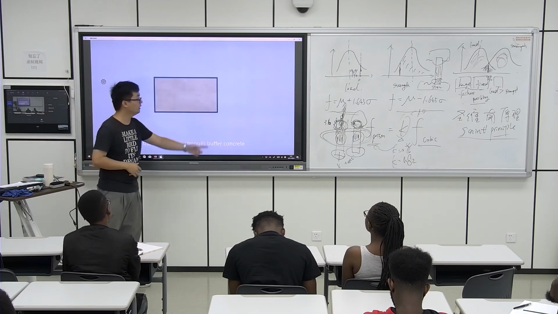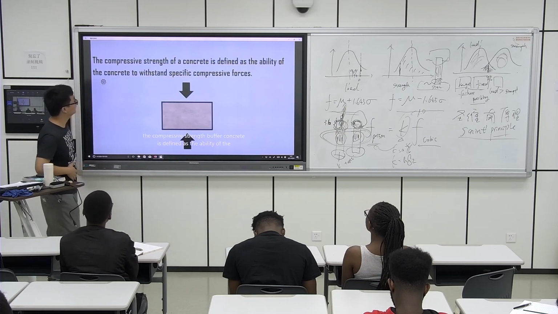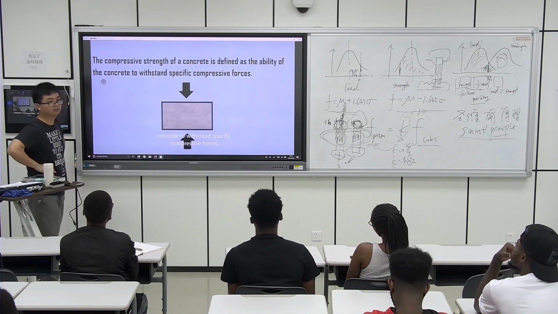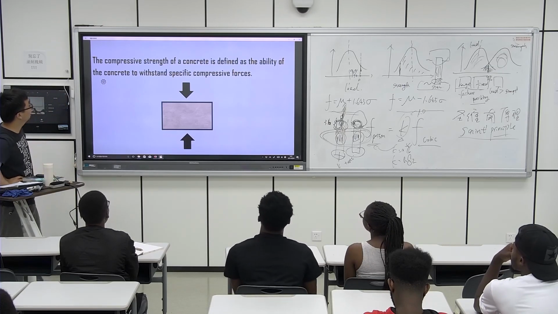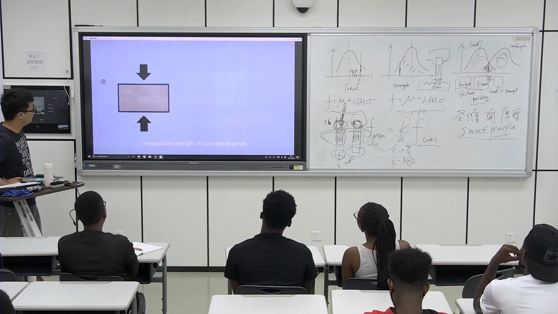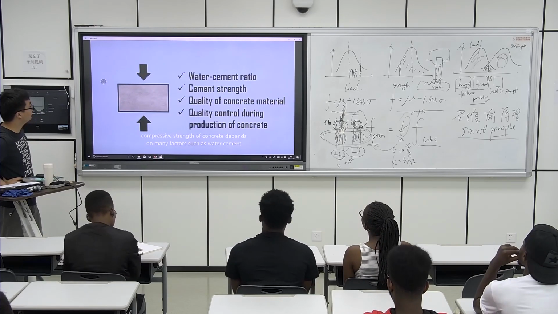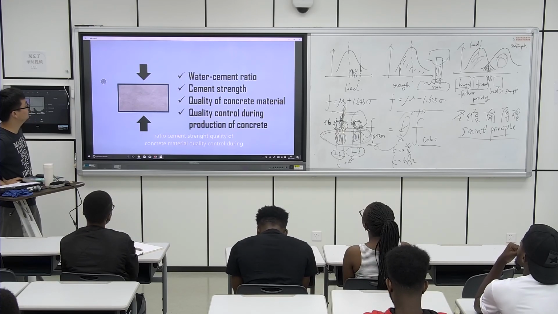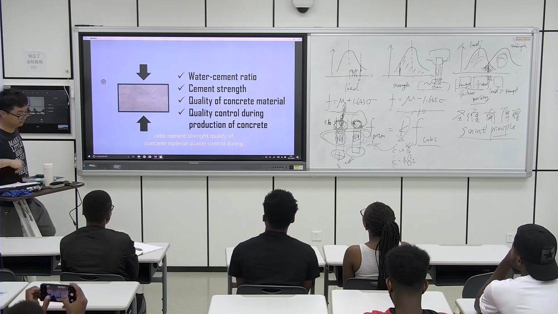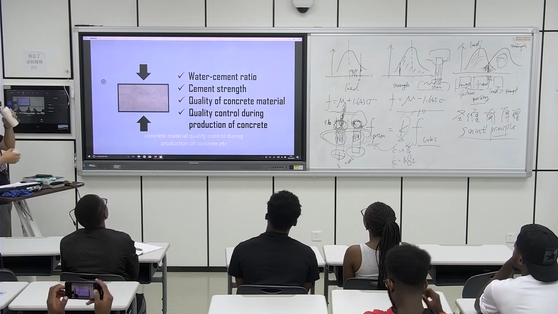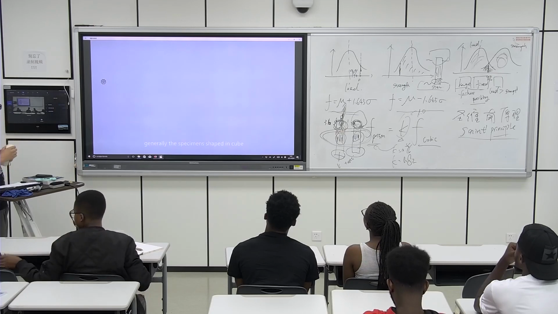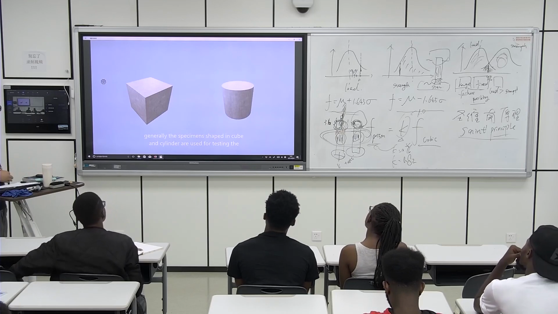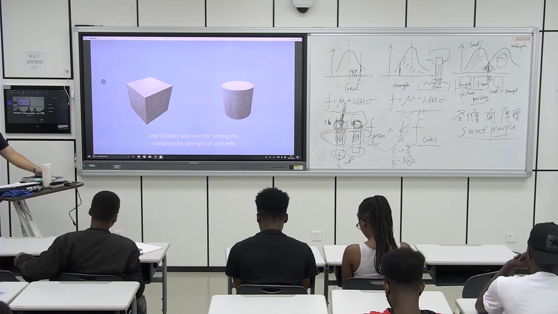The compressive strength of concrete is defined as the ability of the concrete to withstand specific compressive forces. Compressive strength of concrete depends on many factors such as water-cement ratio, cement strength, quality of concrete material, quality control during production of concrete, etc. Generally, specimens shaped as cubes and cylinders are used for testing the compressive strength of concrete.